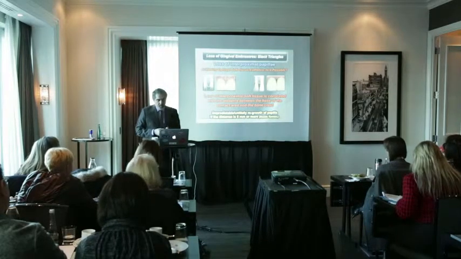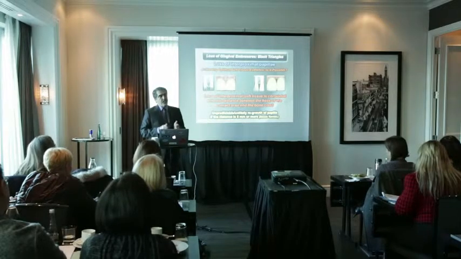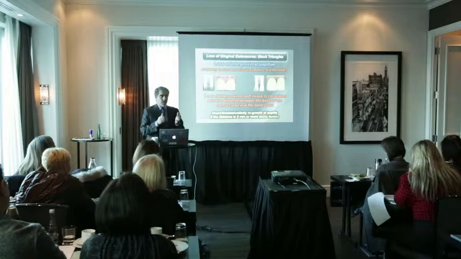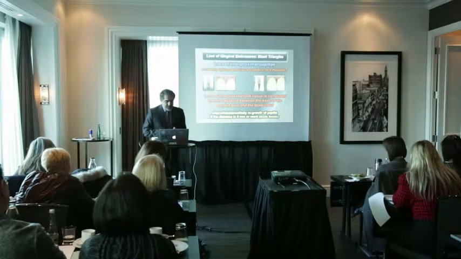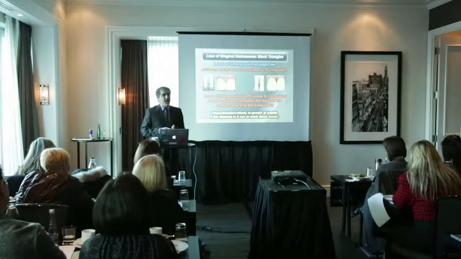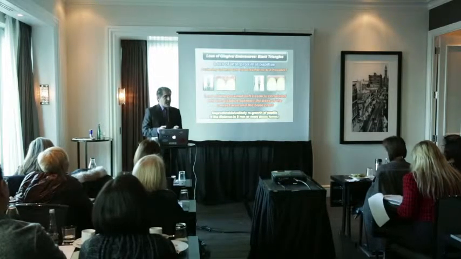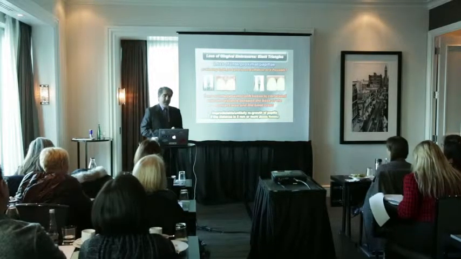We have to remember that when we are talking about implant in the aesthetic zone, it's not about white, it's about white and pink. So in most cases, we have to be careful about what we are going to explain to our patients and what they would expect from the treatment.